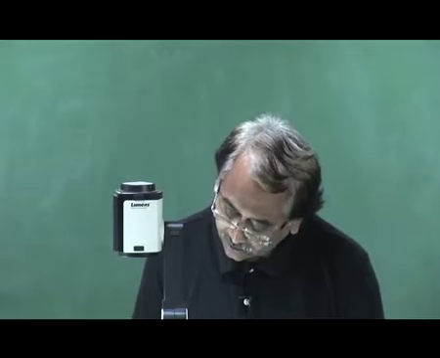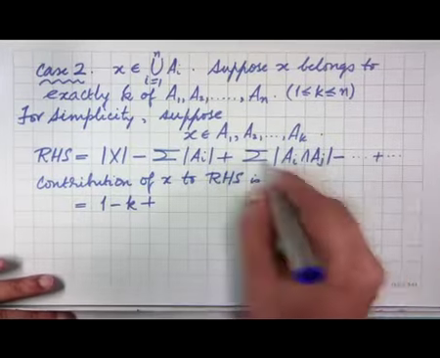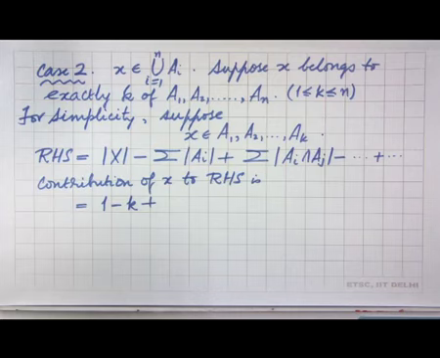What happens to the third term, the places where I've taken two at a time? Well, this is a little trickier now. If x has to belong to ai intersection aj, it must belong to both of them. So if I choose my subscripts i and j to both lie within the first k numbers, then and only then will I have a contribution 1 to x.